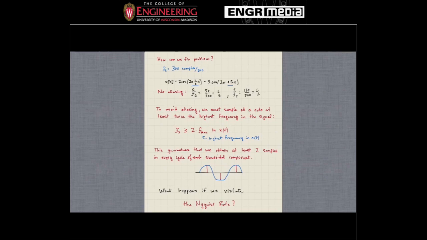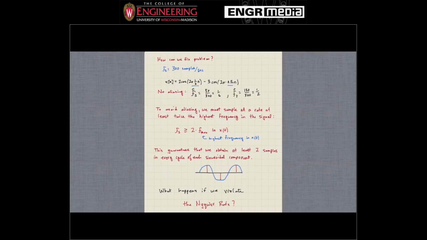Okay, so both of these things are at or below 1/2, so that's a good sign. And if we were to check the ratio, 1/6 divided by 1/2 should give us 1/3. And if we were to look at the frequencies of the original sinusoids, they would also have a ratio of 1/3. So that kind of checks out intuitively. Things seem the same.